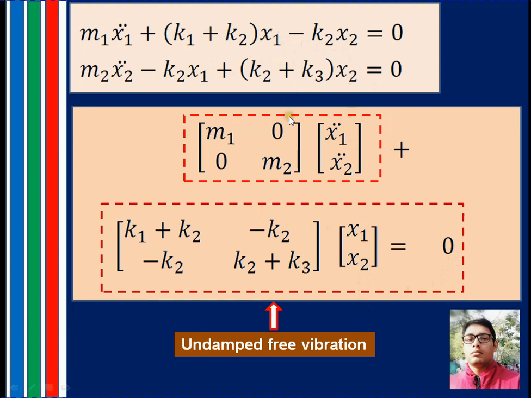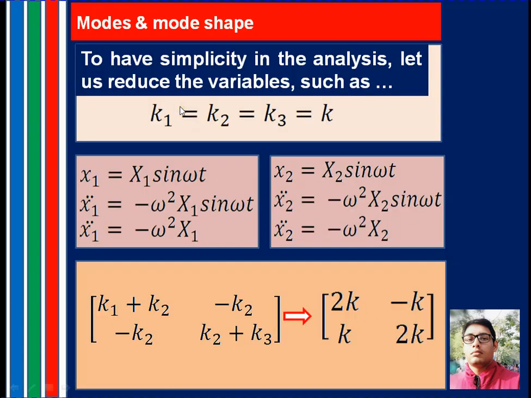So the sum of these two terms equals 0. This is the expression of undamped free vibration. We are not considering any damping in this particular case. Now we have to get the modes and mode shapes. Actually, there are so many variables in this particular problem: x1, m1, m2, then k1, k2.